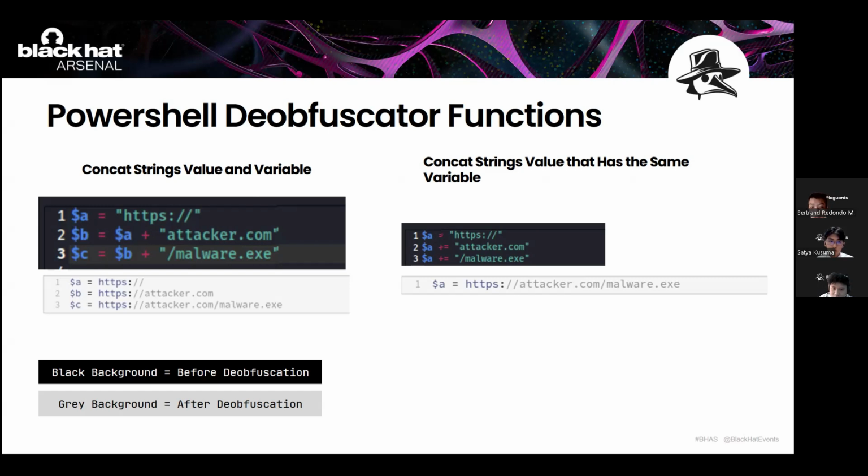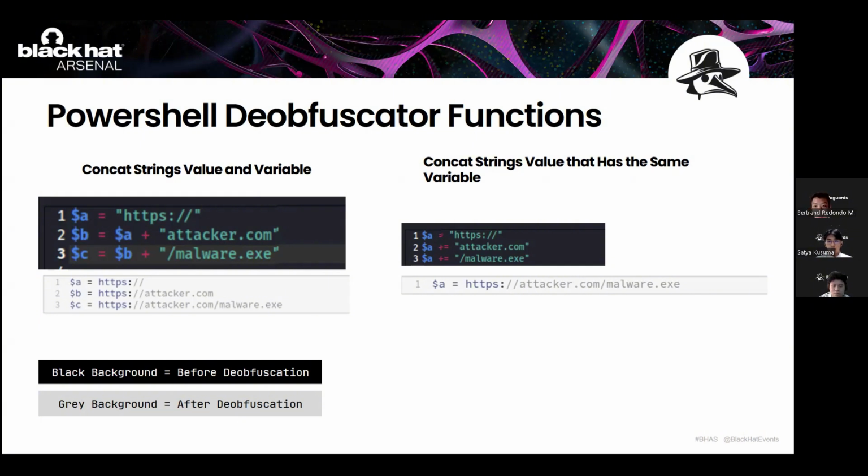The second one is to concatenate string values that have the same variable. In this case, we have the A variable with a plus equal sign, which means that the initial A variable value is concatenated or added to by the new value on the line below. So the second and third lines, attacker.com and /malware.exe, are added to the A variable value.